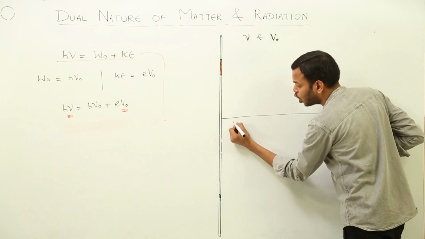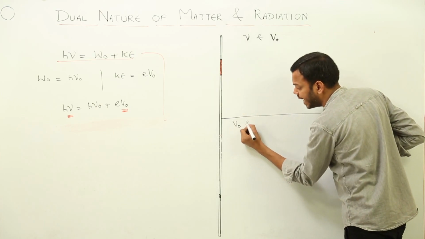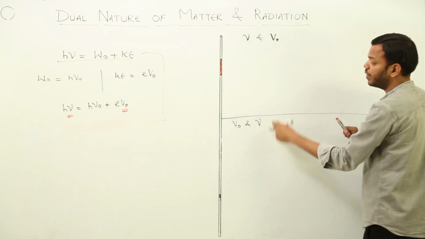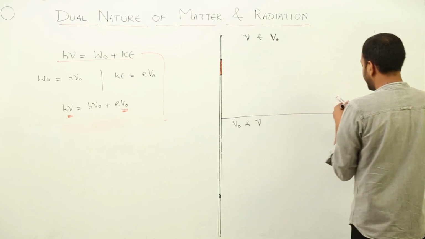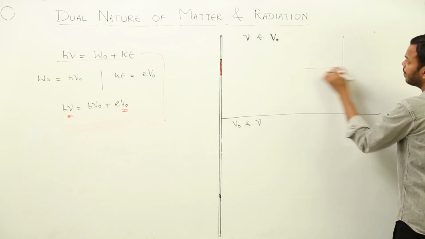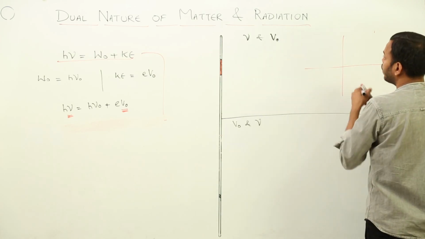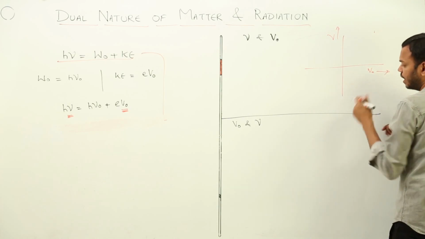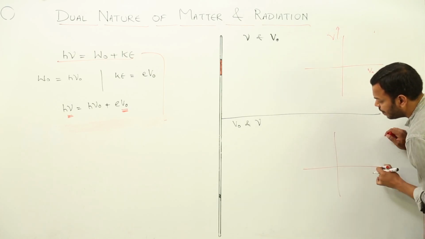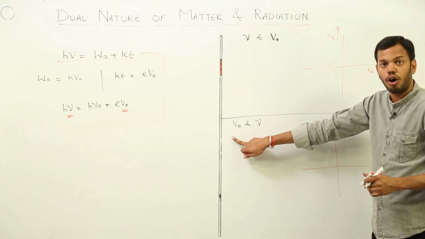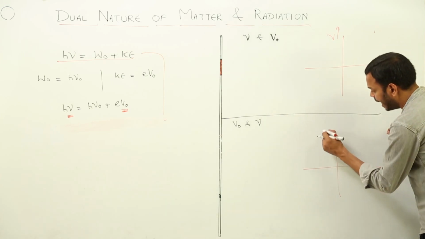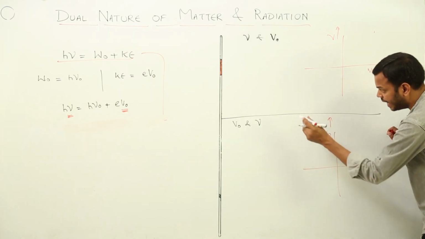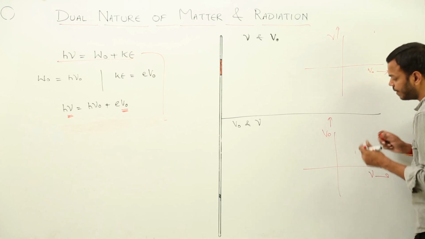Second, I want to draw the relationship between stopping potential and frequency. What is the difference between this and this? In this, if I draw a graph, I'll mention frequency on the y-axis and stopping potential on the x-axis. Whereas in the other, I'll mention stopping potential here and frequency on this axis, right?